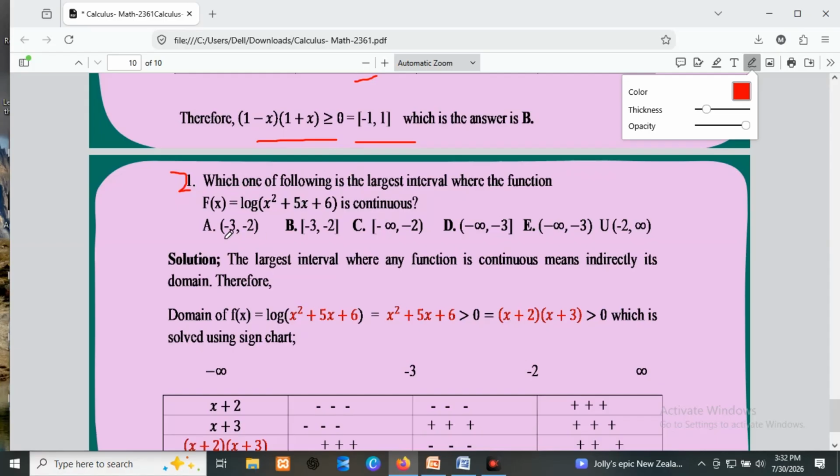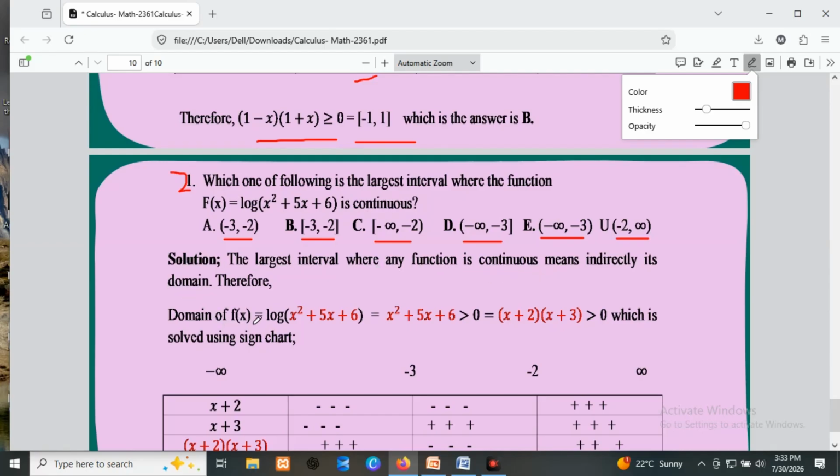A, open interval minus 3 up to minus 2; B, closed interval minus 3 up to minus 2; C, minus infinity up to minus 2; D, minus infinity up to minus 3 union minus 2 up to positive infinity. Let's check the same thing as in example 1. The largest interval where any function is continuous is directly its domain.